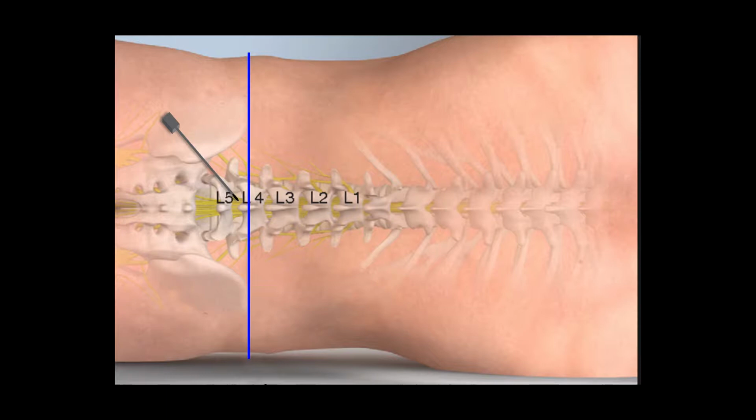This line helps us decide where to put the needle for a lumbar puncture. The preferred place for a lumbar puncture is between L4 and L5 spinous processes. The second choice is just above the line that I have just drawn, that is between L4 and L3 spinous processes. These locations are chosen in order to avoid spinal cord damage.